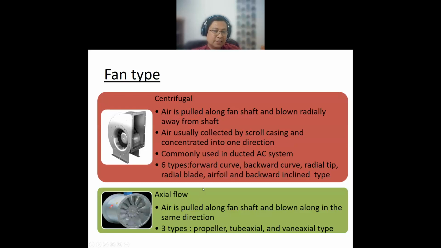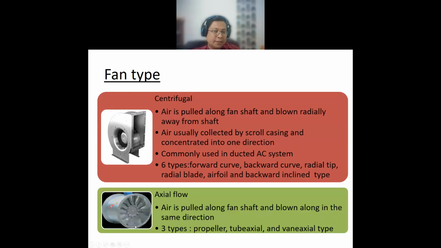Now we go to the axial flow fan. You can see the blade here. The airflow goes through in the same direction as the shaft, meaning zero degrees from the shaft. Air is pulled along the shaft and blown along in the same direction.